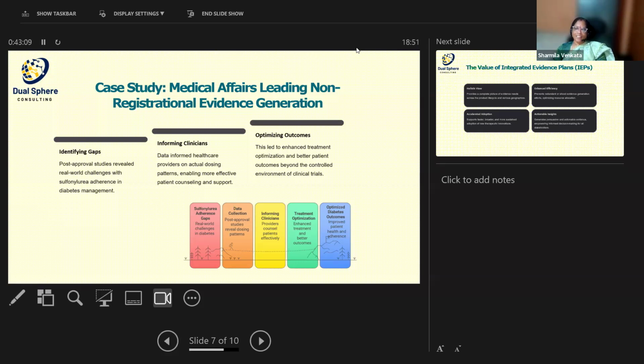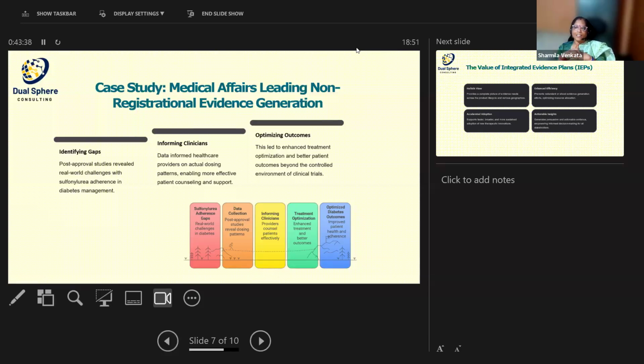We collected real world data. Okay, real world dosing data, from pharmacy refill records, patient self-reports, and even glucose monitoring devices to understand the actual patterns of use. Once we had this insight, we shared the findings with healthcare providers.